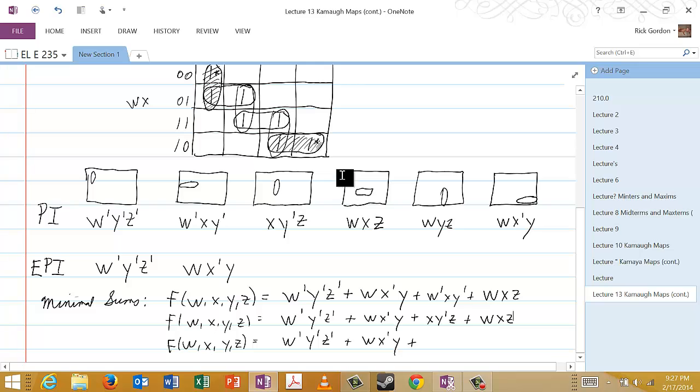And then a final way to account for these three ones would be to have this prime implicant here and this one here. So this one is X, Y prime, Z. And then this one, as we can see over here, is WYZ.